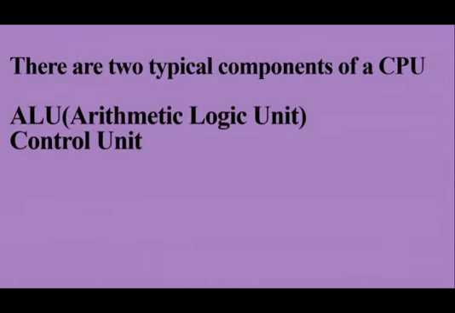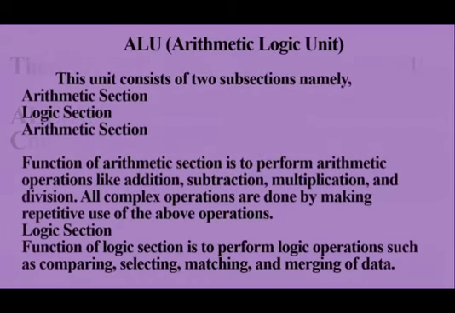There are two typical components of a CPU: ALU, arithmetic logic unit, and control unit. Now let's discuss the ALU. This unit consists of two subsections, namely arithmetic section and logic section. Arithmetic section.